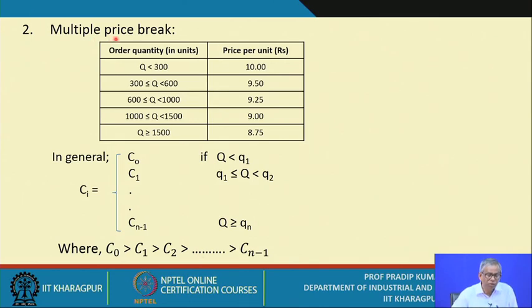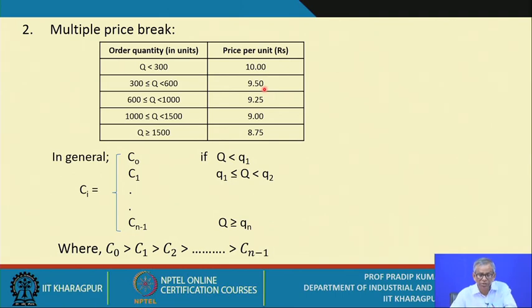Whereas, in a multiple price break, just refer to this particular table. You find that if the order quantity is less than 300, that means 299, 297, any value less than 300, the price is 10. If it is between 300 and less than 600, that means Q may be 300 but less than 600, then it is 9.5.